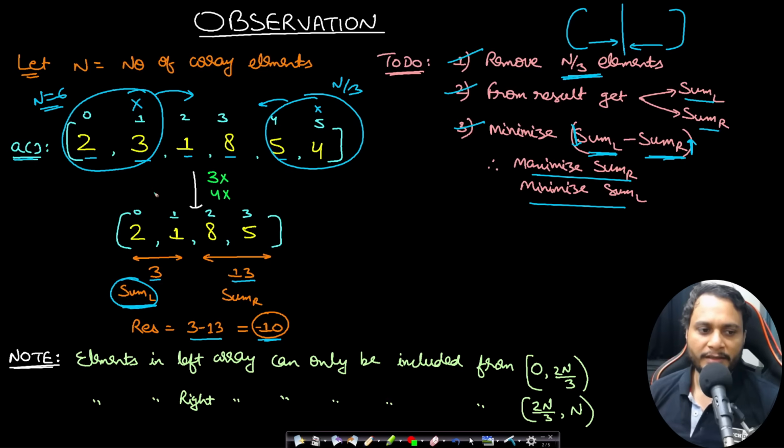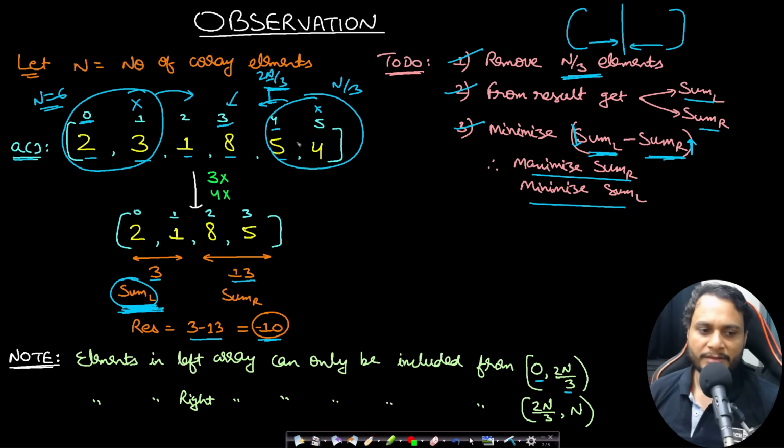So if I have to find sum left, then the options will come from index 0 to less than 2n by 3, where this 4 is actually 2n by 3, because n is equal to 6, so 2n by 3 will be 4. So the elements that can be included in sum L, in the best case or the worst case, or whatever case, can only be included from 0 to less than 2n by 3 index, but not including 2n by 3.